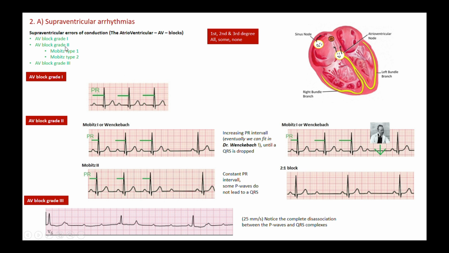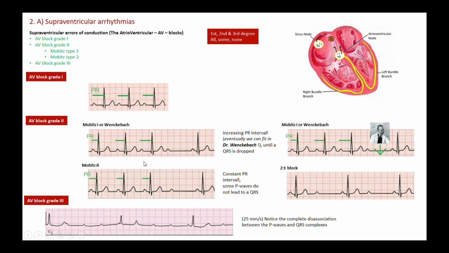Now, AV block grade 2 is when you also have a prolonged PR interval, but here not all P waves lead to a QRS. So the QRS complex is not always preceded by a P wave. There are 2 types, just to make our life easy: Mobitz type 1 or Wenckebach, and Mobitz type 2 AV block grade 2.